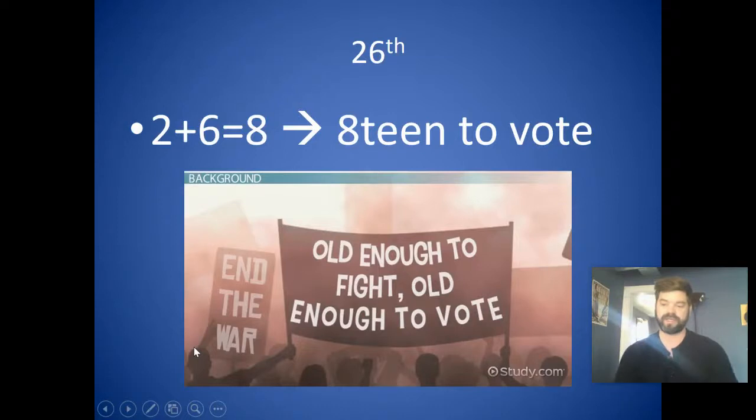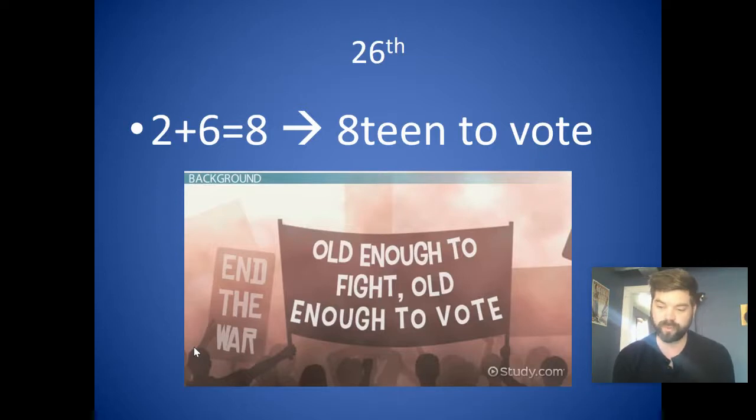26 is the 18 to vote amendment, the old enough to fight, old enough to vote amendment. Okay, so this lowered the voting age from 21 to 18. 18-year-olds can now vote. You have to think about this in the era of the Vietnam War, when young men and women are going to war. Women are not directly in combat roles at this time, but women are serving in Vietnam for sure in various roles.